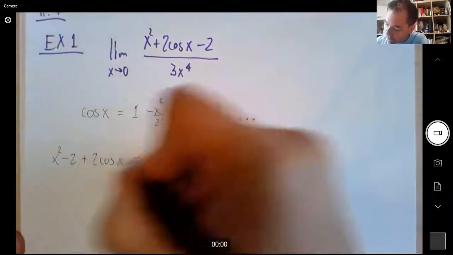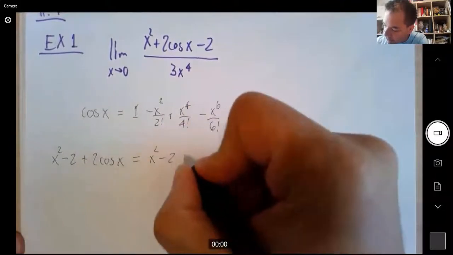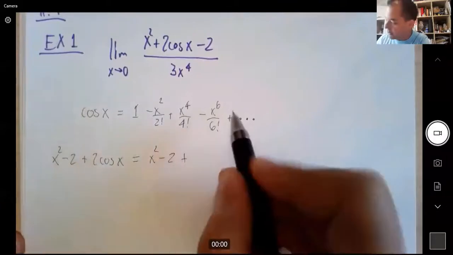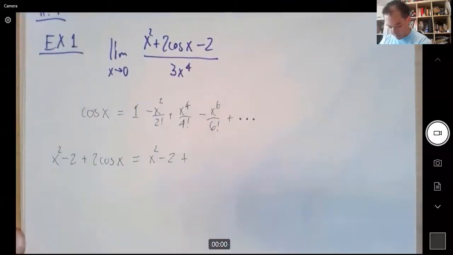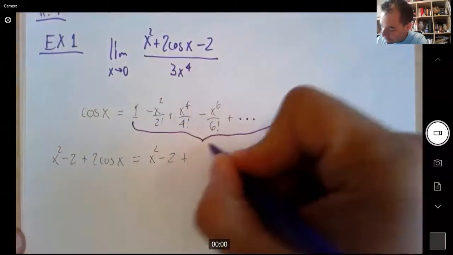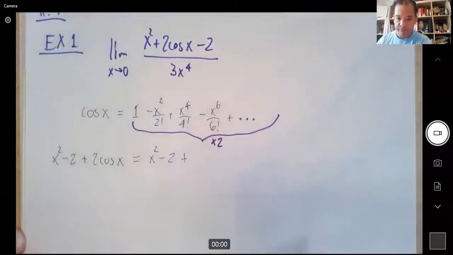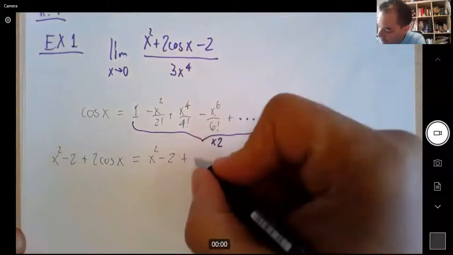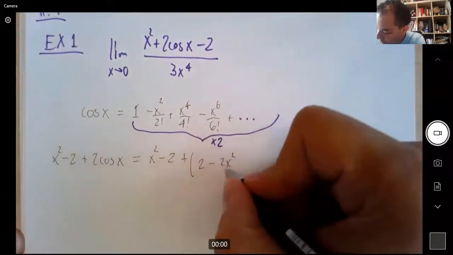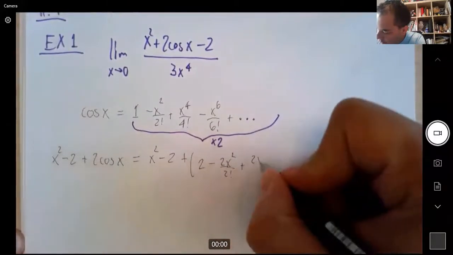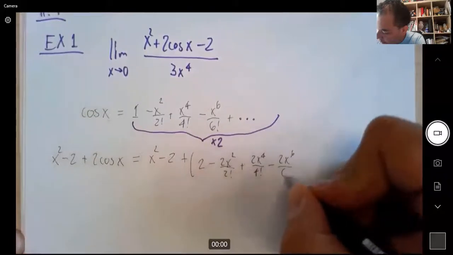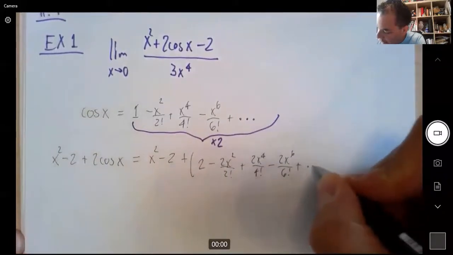All right, so I'm just going to write x squared minus 2 and then multiply the expression that we have on the top by 2. So all of these times 2. So it will be plus 2 minus 2x squared over 2 factorial plus 2x to the 4 over 4 factorial minus 2x to the 6 over 6 factorial, etc. Right?